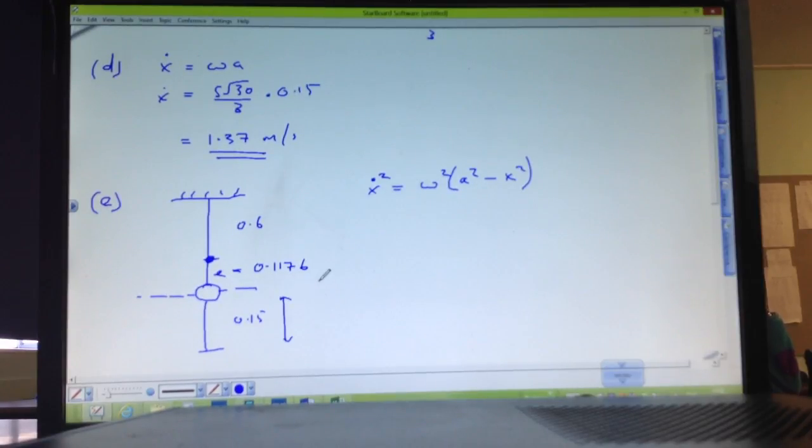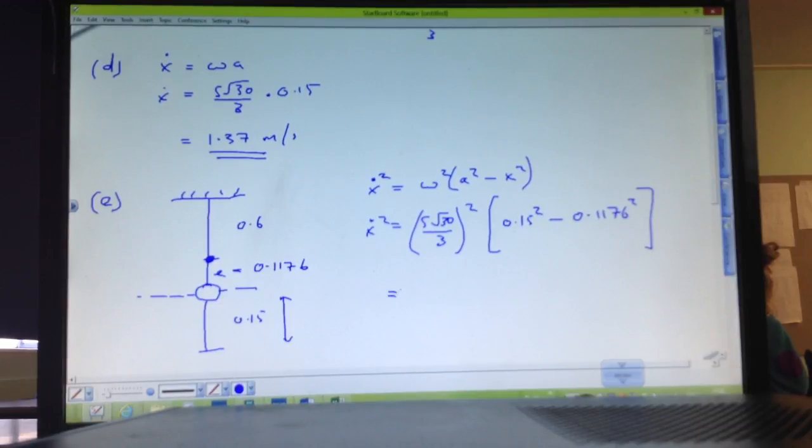So x is equal to, in metres, 0.1176. So x dot squared equals, what was the omega again? It was 5 root 30 over 3 all squared, all multiplied by a, which is 0.15 squared, take away 0.1176 squared. Okay?